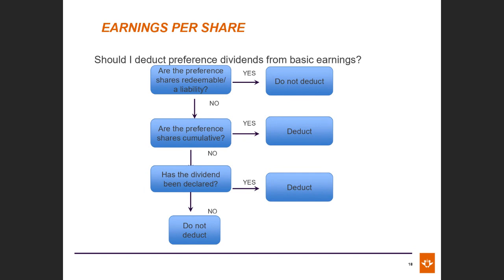However, if we say no, we do not have a preference share that is redeemable and a liability, then we need to ask ourselves, are the preference shares cumulative? If they are cumulative, then yes, we would deduct the preference dividend from our profit when calculating our basic earnings.